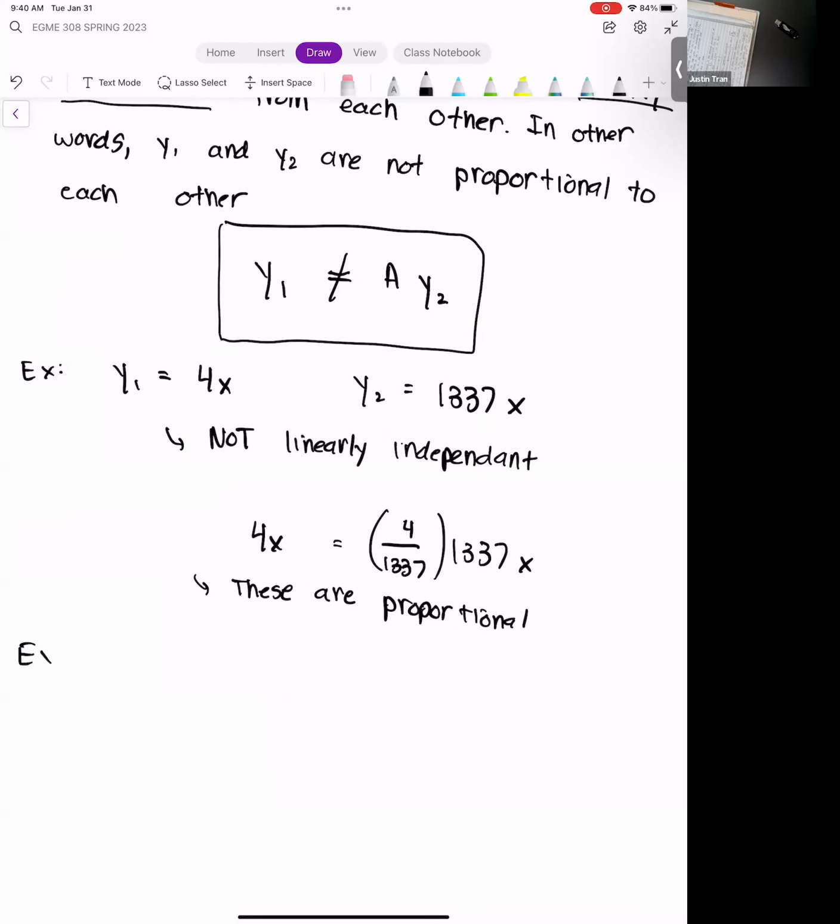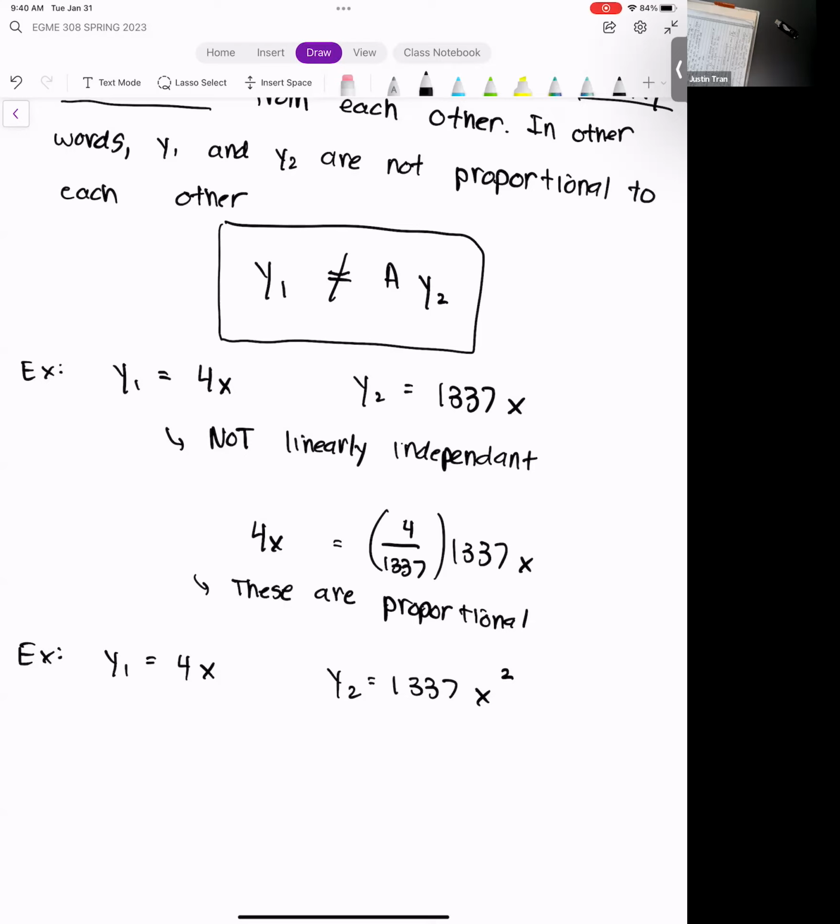What if we make just one simple change? If I change the power of x, let's say that y2 is 1,337 x squared.